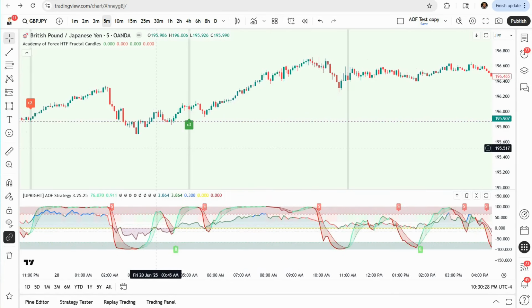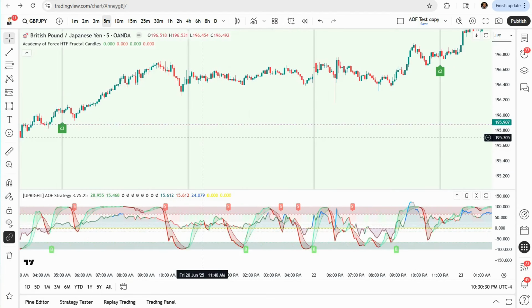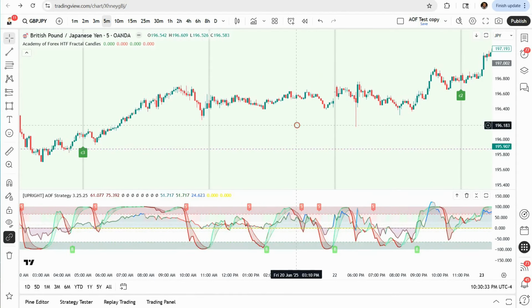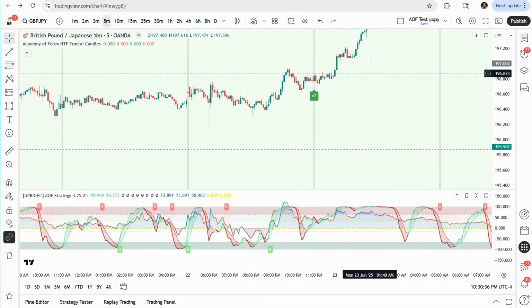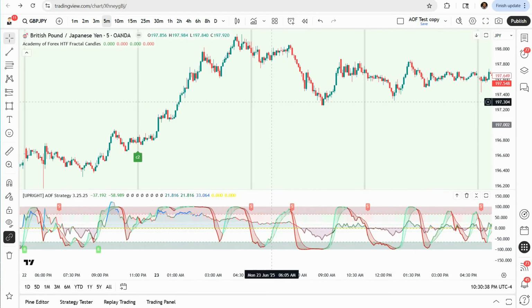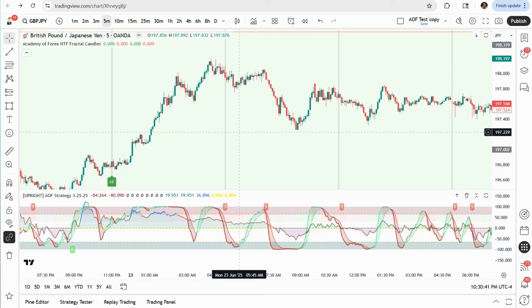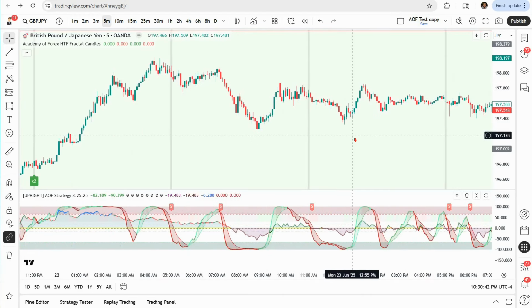And then we would have gone on to picking up more buy trades, one after another, almost every single one, I think, would have been profitable, while again sheltering you from some of these bad opposite trades.